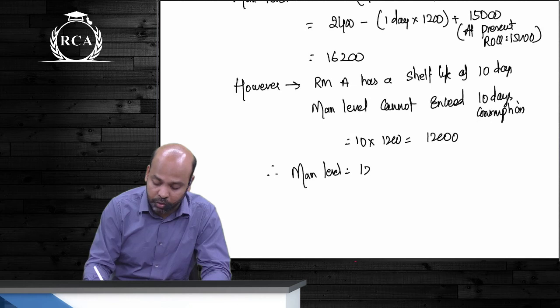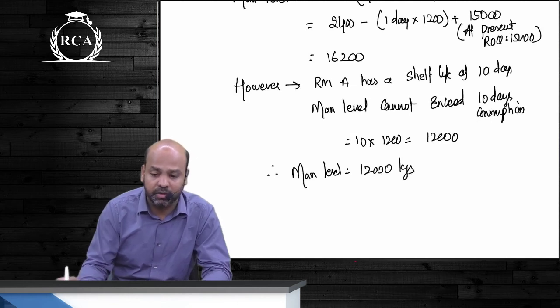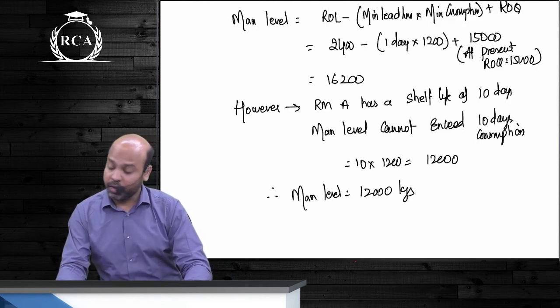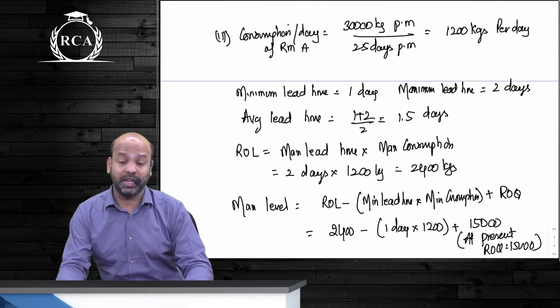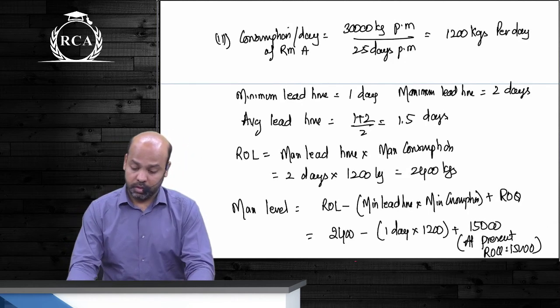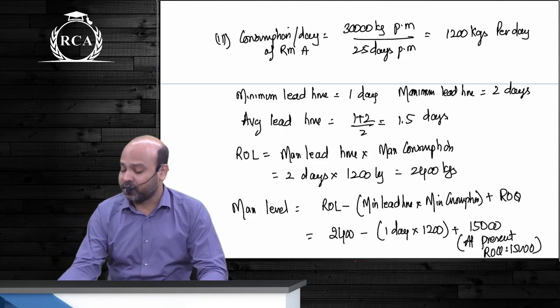Look at the third MCQ, guys. Maximum level of stock A. What is the answer? That is the answer. Clear, guys? Are we all clear about this? So this is one very important bit, guys. I hope you've understood this. You can make a note, guys. You guys can copy this, beta.